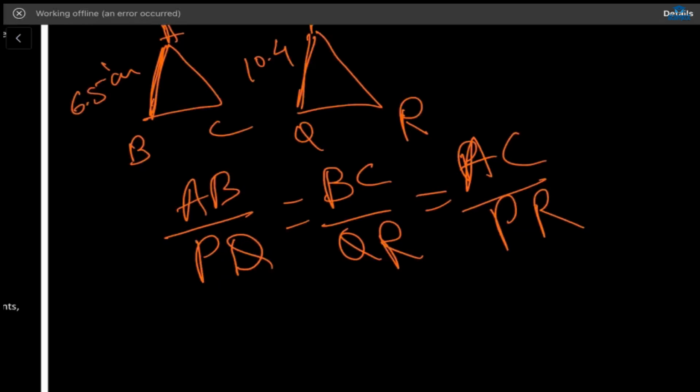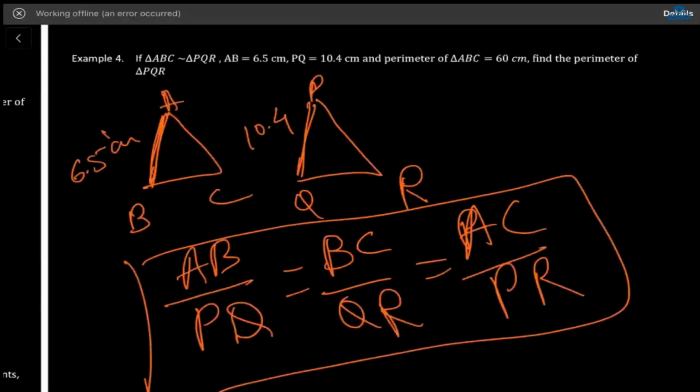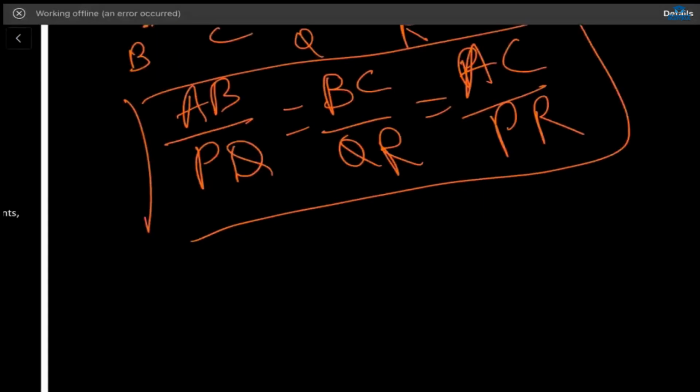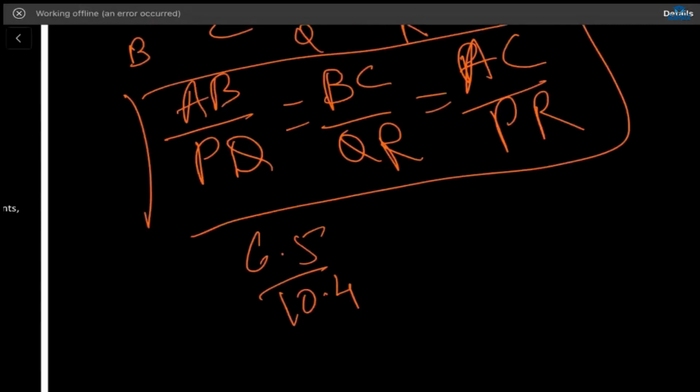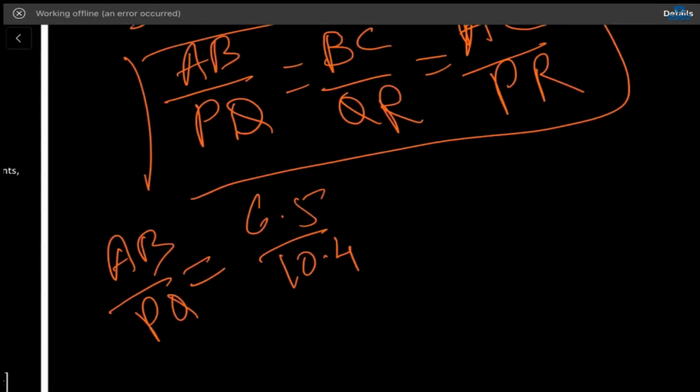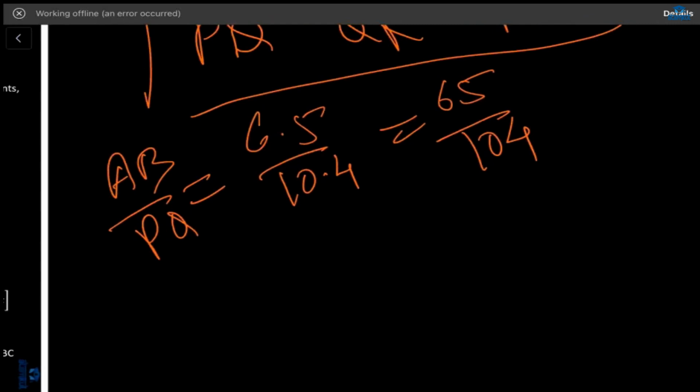Am I right? It is already given to you that both the figures are similar, so this condition exists. Now we know from the given values that AB by PQ is 6.5 by 10.4, which can be written as 65 by 104. Now the perimeter of ABC is given.